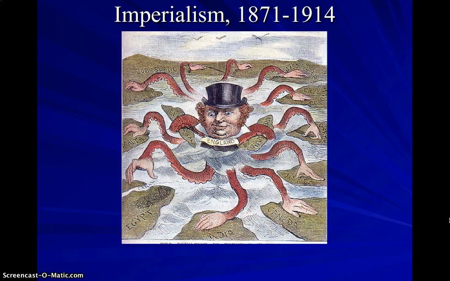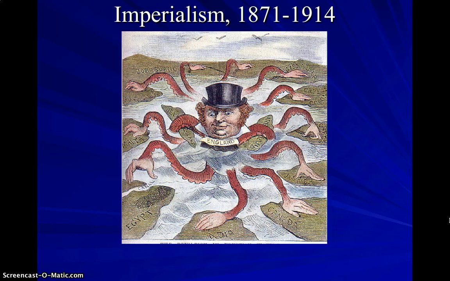If you start in the top right corner, they go from Gibraltar to Cape Colony, Cyprus, Ireland, Jamaica, Canada, India, Egypt, Malta, Boerland, which is in South Africa, Australia. So all of these are areas that the British Empire ultimately will control, and the image obviously does not look upon that in a favorable fashion.